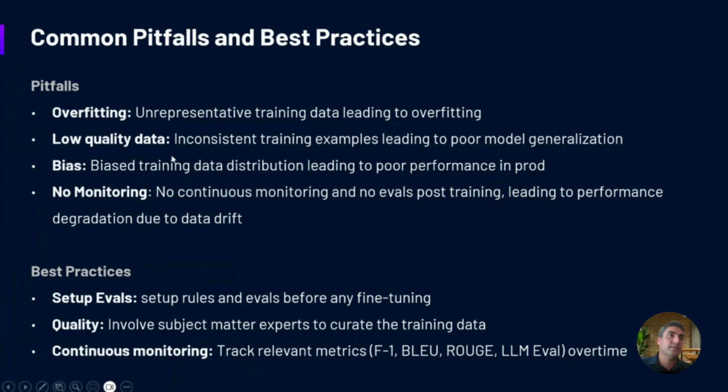Low quality data is another problem, where you might have inconsistent training example quality, and this can lead to poor model generalization. Bias is another problem. As I mentioned, it's very related to overfitting, where the distribution of the data doesn't follow the production distribution.